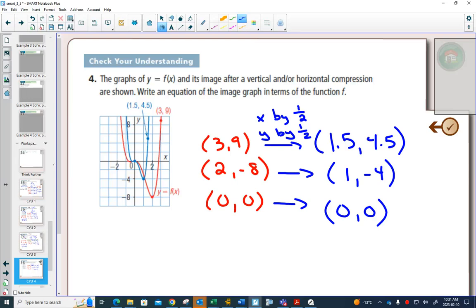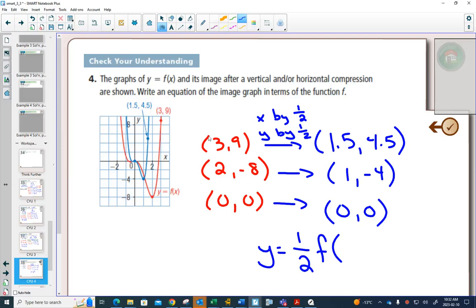We need to write the equation of the blue graph in terms of f. How do we do that? Well, y by a half would be outside the function, and it would be exactly what you would see. So I would have a half in front of the function.